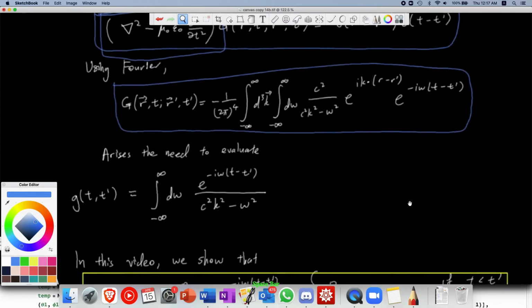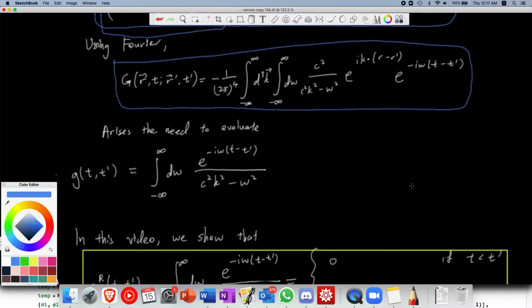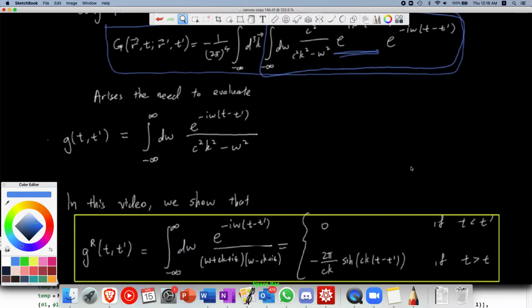This Green's function might also be known as the propagator, and namely, what do we observe? We need to evaluate this particular integral. And this is just a constant term, so it pulls out of this d omega integral. So with that done, our mathematical problem now reduces to finding this integral.